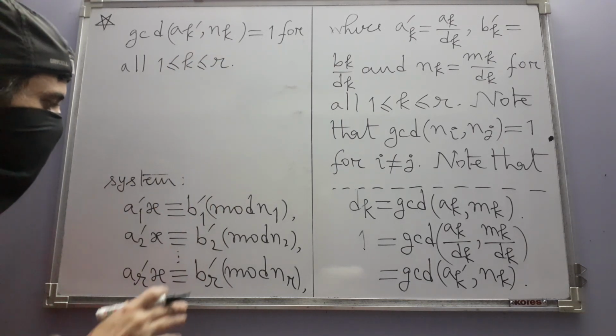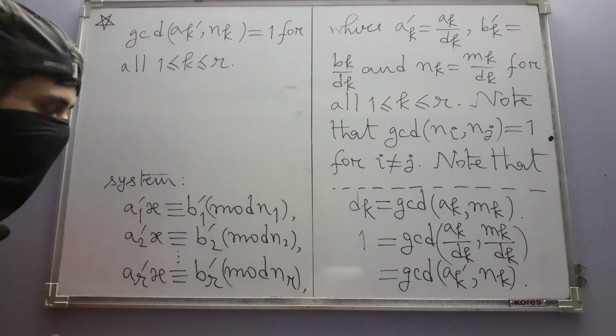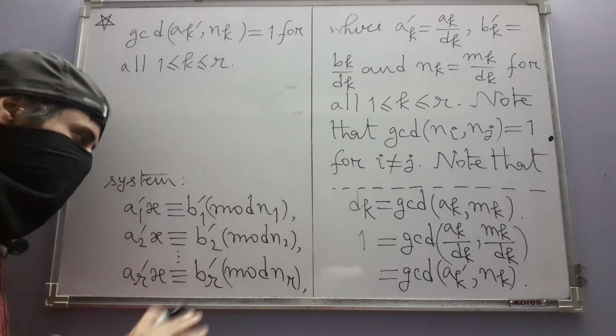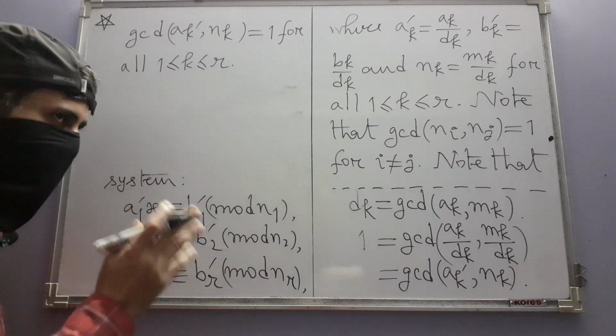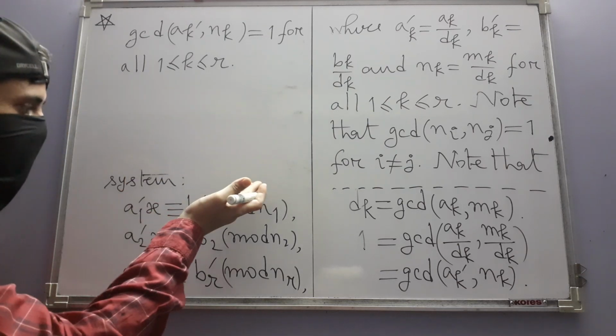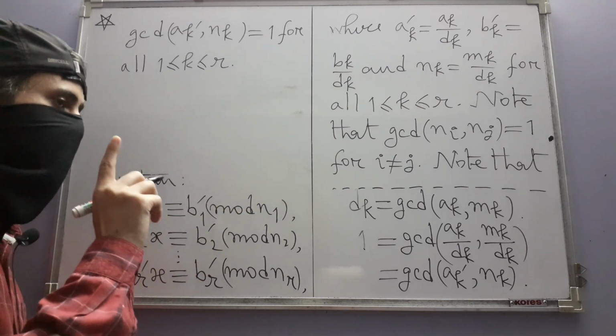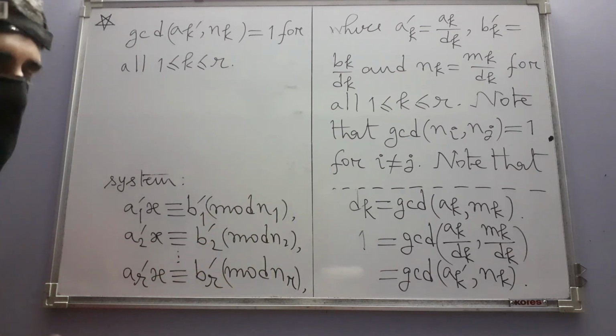And that is why the congruences that we are looking at now, each one is solvable, just like the previous system of congruences. There also we had solvable congruences. But because the GCD is 1, each one will have a unique solution, modulo the corresponding modulus.